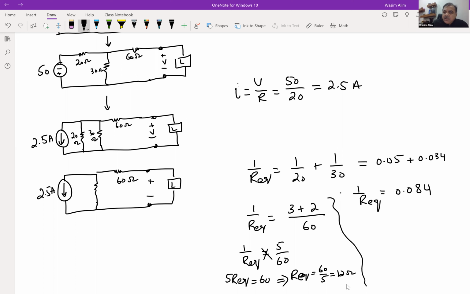Now I can do cross multiplication because, of course, there is a denominator of 1. So R equivalent is equal to 1 divided by 0.084, and we can find the value of R equivalent.